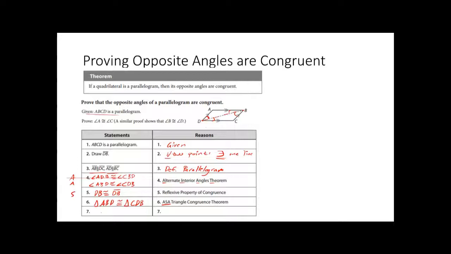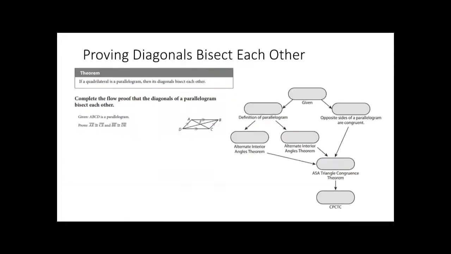And then therefore we can say angle A has to be congruent to angle C, and that is again because of CPCTC. So it's the same proof as the one before. For opposite angles being congruent, it's the same proof used for the sides, and it's all relying on angle side angle, which follows through with CPCTC. Okay, so be aware of that.